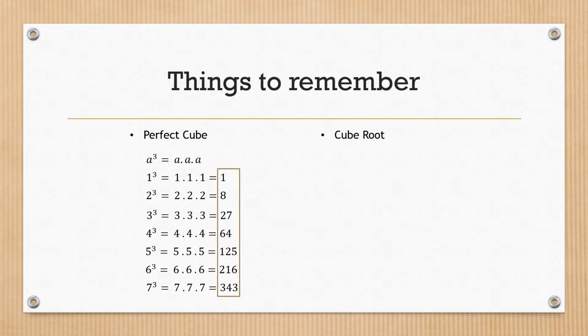Then, the cube root is for a perfect cube that we take the cube root of. That is why I told you earlier that you should be familiar with perfect squares, because in that video we saw how to get the root of a perfect square. This time we get the root of a perfect cube. So if you have a raised to the power of 3, then its cube root is equal to a.